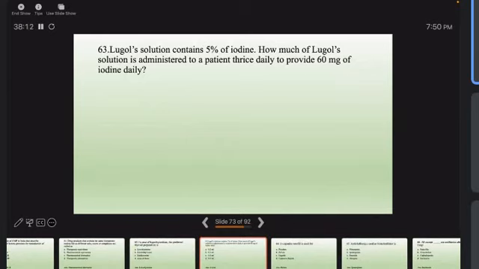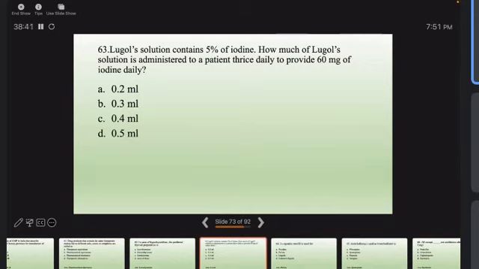Lugol's solution contains 5% of iodine. How much of Lugol's solution is administered to a patient thrice daily to provide 60 mg of iodine? The options are 0.2 ml, 0.3 ml, 0.4 ml, 0.5 ml.